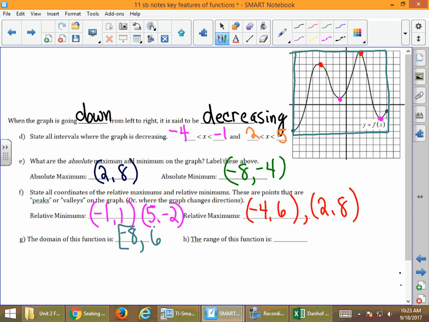Those are points that are on the graph. The range goes from lowest to highest. Our lowest value is -4, the bottom of the rectangle, to the top of the rectangle, 8.